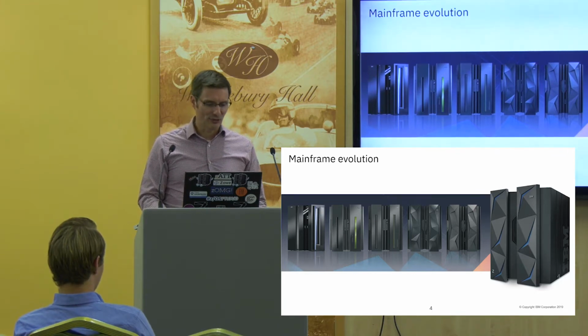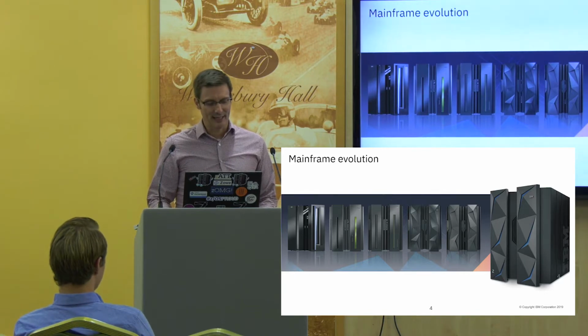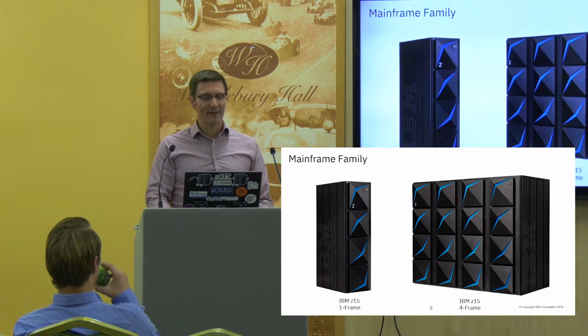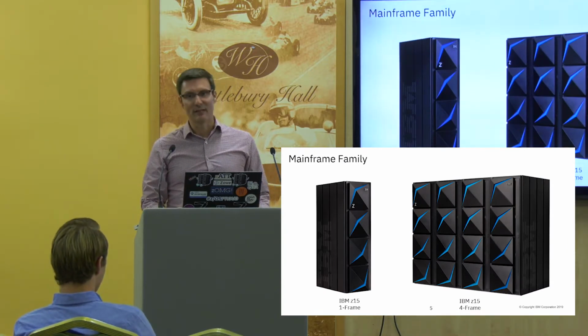So you see the generations of these boxes. You start out with the Z9 box there on the left-hand side, and then you move across until you get to the Z13 on the far right. I'm sorry, the Z14 processor, and then the latest evolution of that was just recently announced, a short time ago, and that's the IBM Z15.